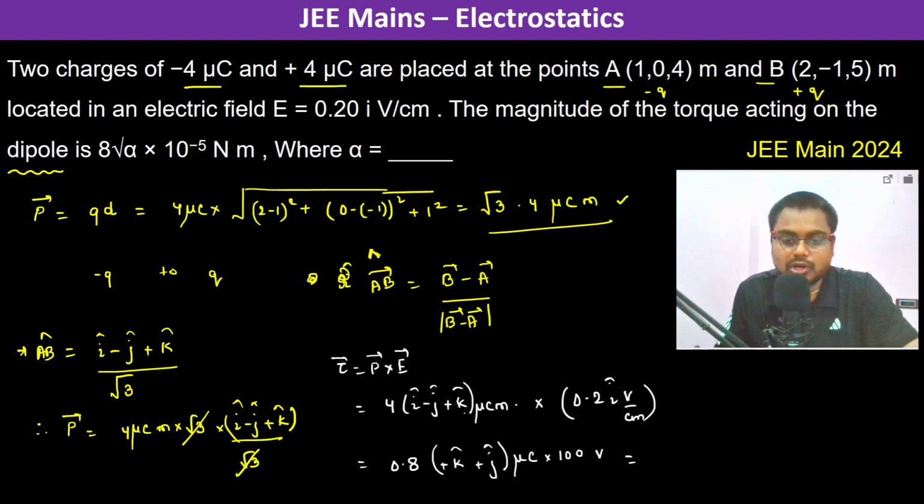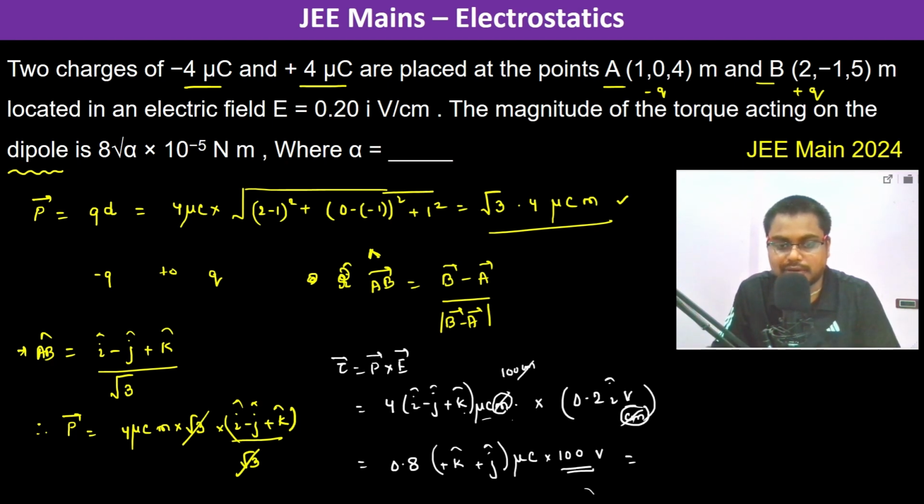So the magnitude of the torque is P cross E. Everything is in coulomb meter and this is centimeter, so we put 100 here, and both of them cancel.